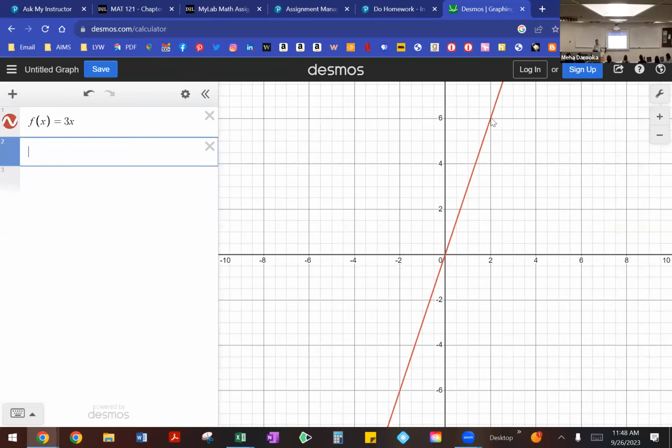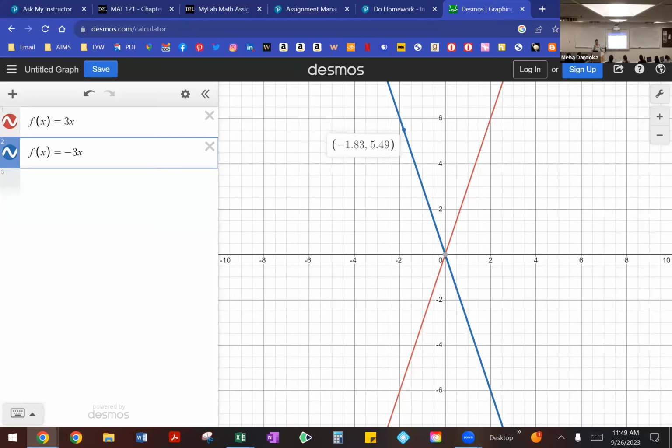you can see that Y value is increasing, right? Your function is increasing. If we did f of x equals negative 3x, again, you're moving from left to right, so I'm at negative 2, 6, and you can see as we move to the right, my X values are decreasing, but also my Y values. So you can see this is a decreasing function.